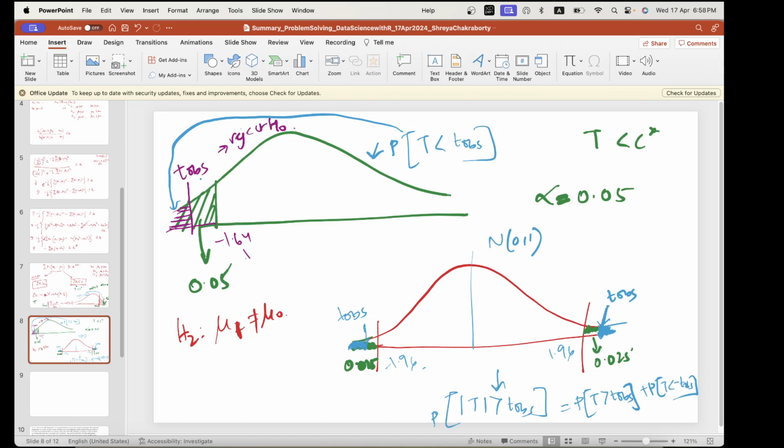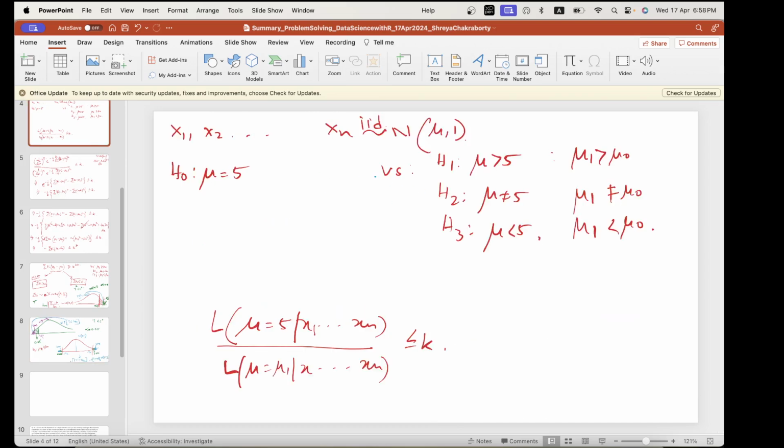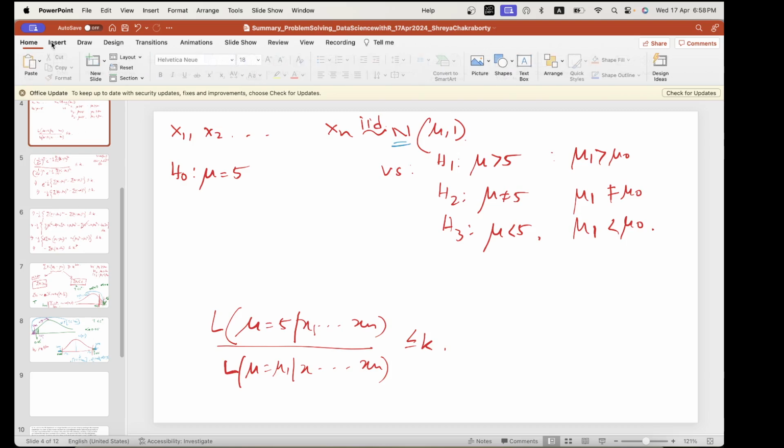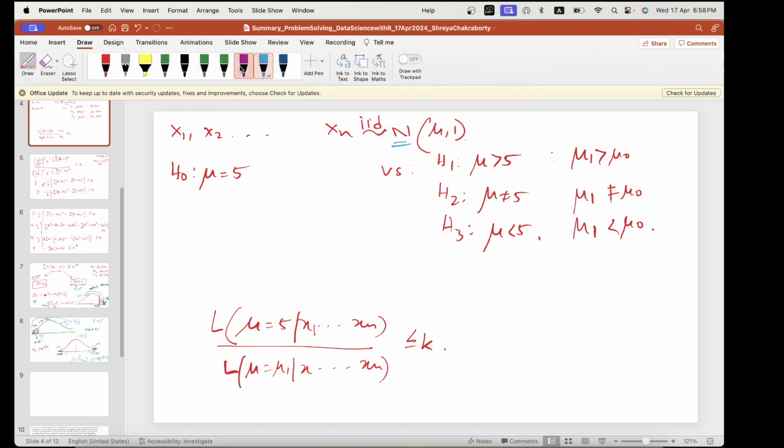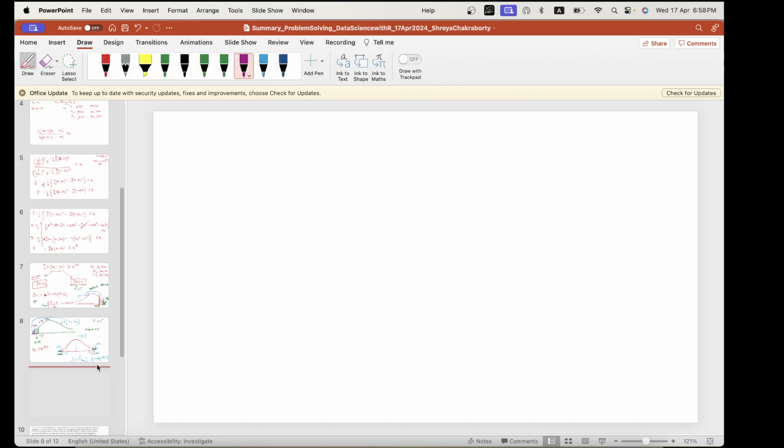But if the distribution changes, this correspondence, that if this is greater, then my T should also be greater, and if this is less, the T should also be less, might break if the underlying distribution is not normal. Okay, so I'll give an example just to demonstrate this. So I think you have learnt about the exponential distribution, right?